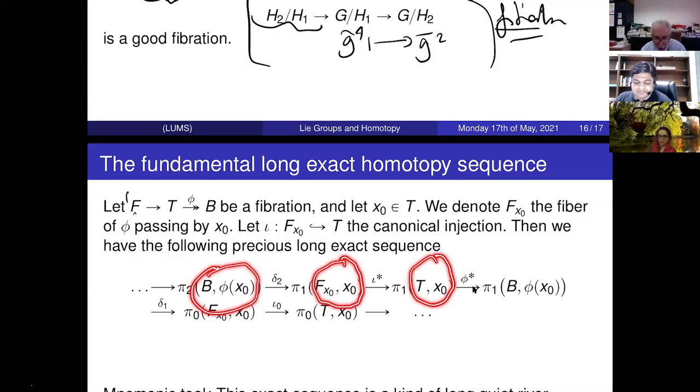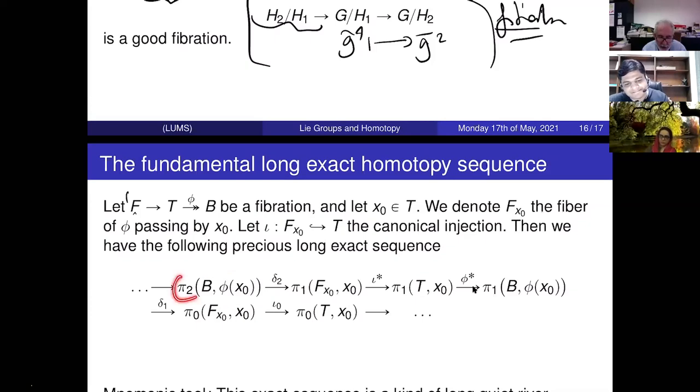And if you look at this sequence of groups or pointed sets, it is a long exact sequence. I haven't defined yet what pi2 is, but accept with me that it is something called the second fundamental group.